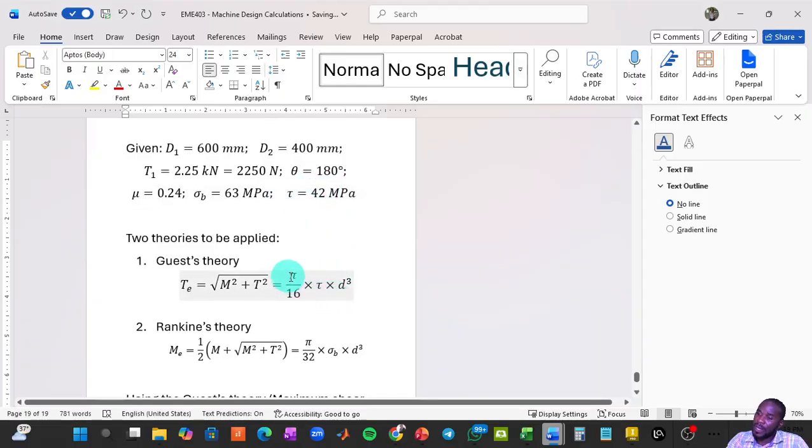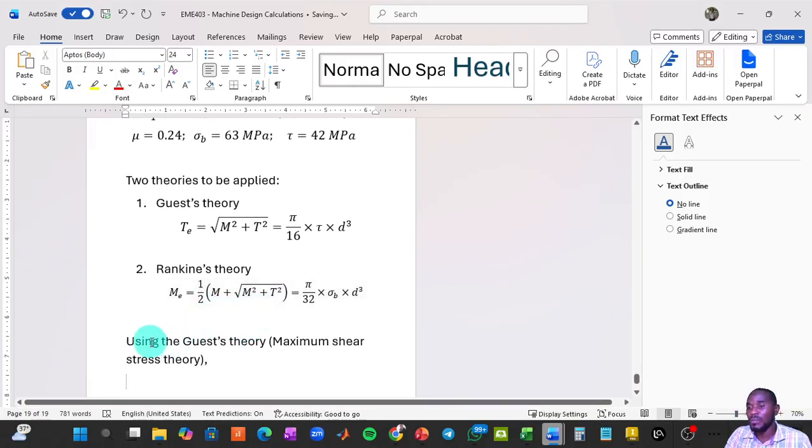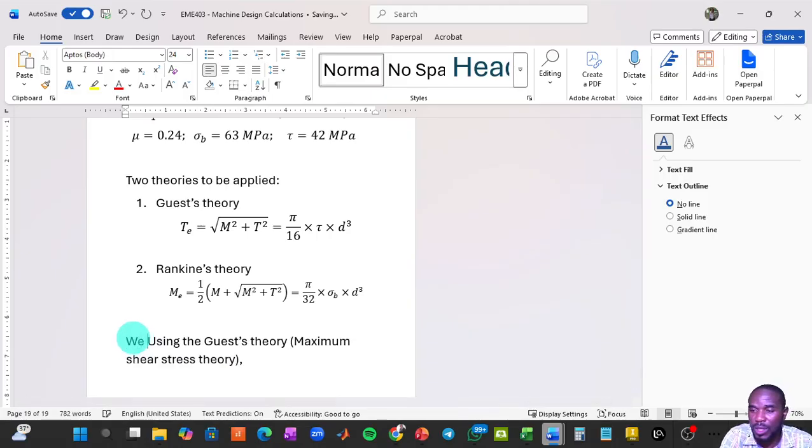Pi is a number, and 16 is a number. The torque transmitted is not given directly, but we're dealing with pulleys, so we can find the torque. We know an equation. Before this statement, I should say we first find D using Guest's theory.